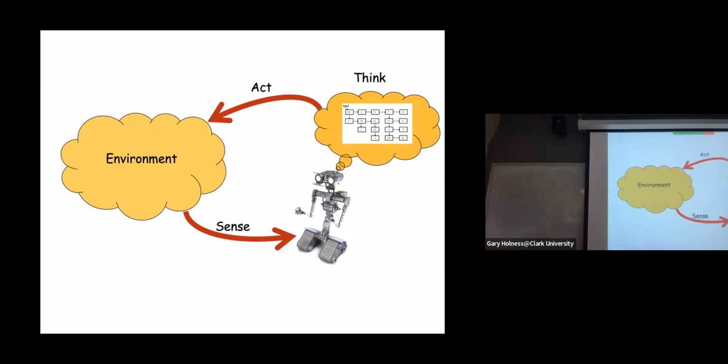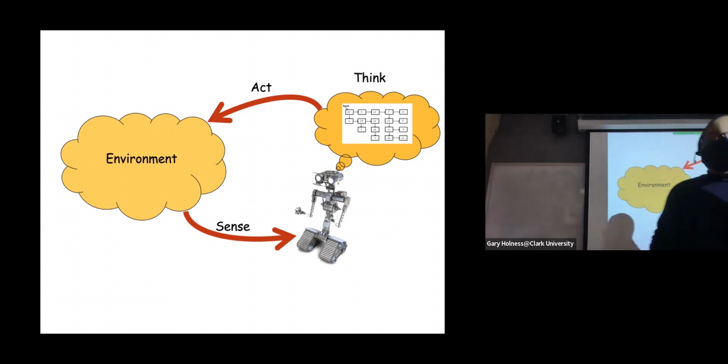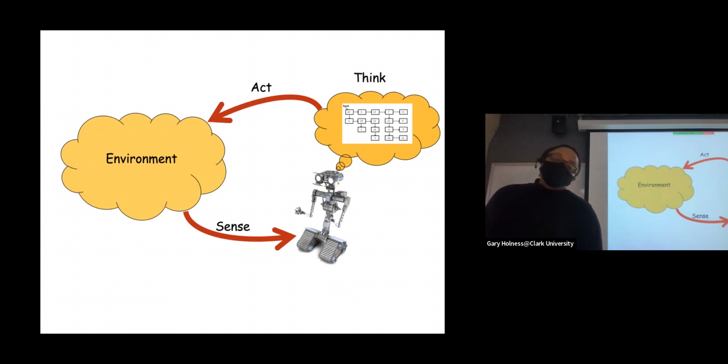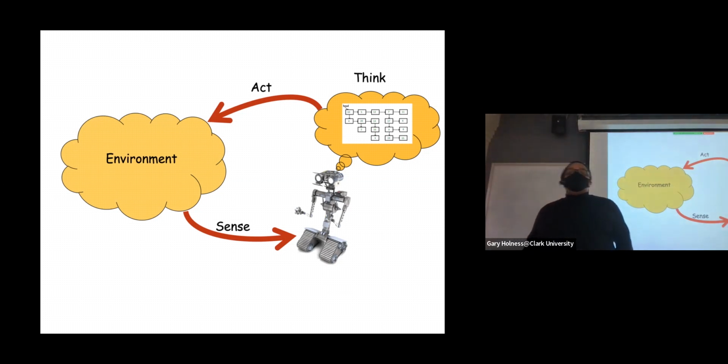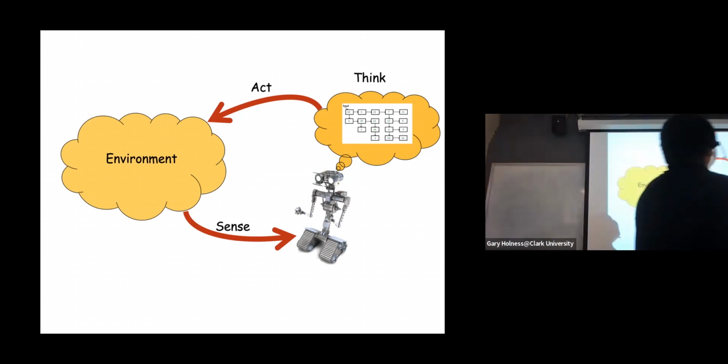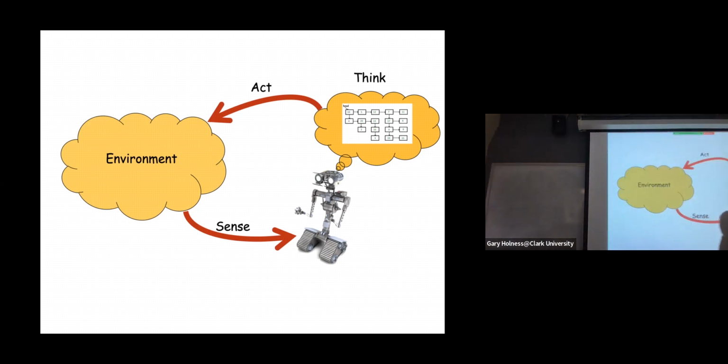And then it takes these inputs, these measurements of the environment, and updates its understanding of what's happening in the environment, be that populating a data structure or updating some kind of model. And then it runs some computation on that data structure or model, comes up with a solution, and performs some action through these other devices called actuators. And we said this cycle continues, the sense, think, act cycle.